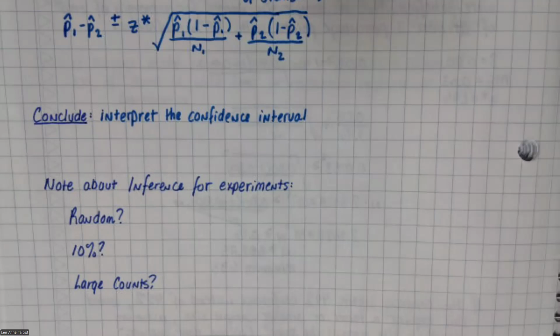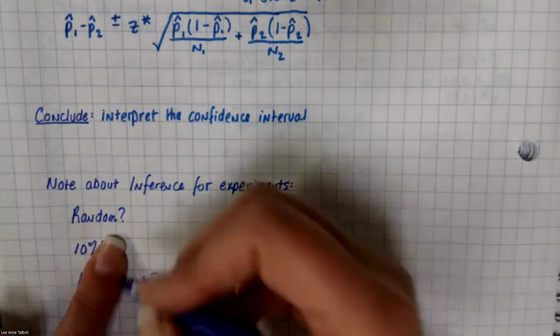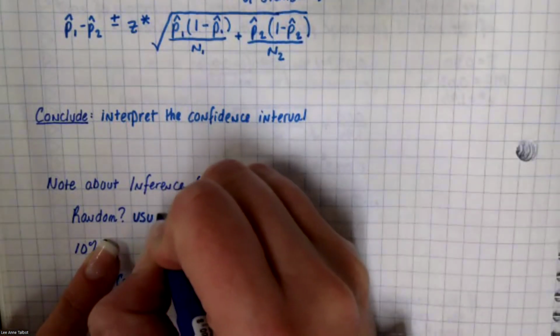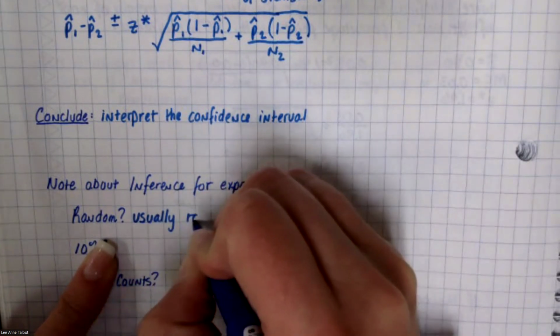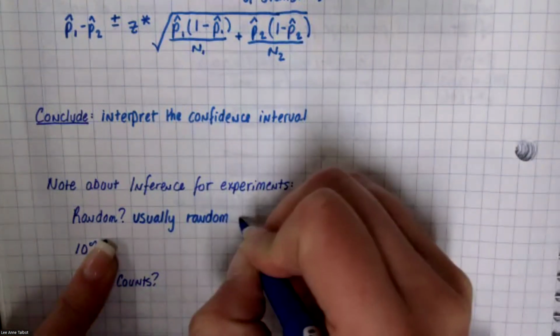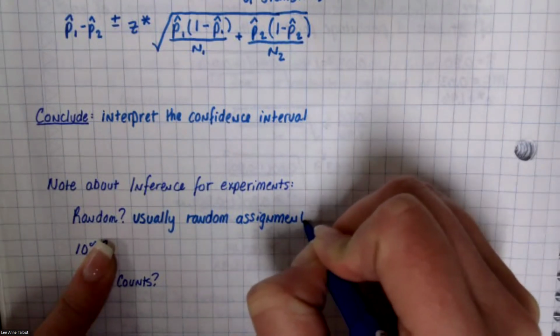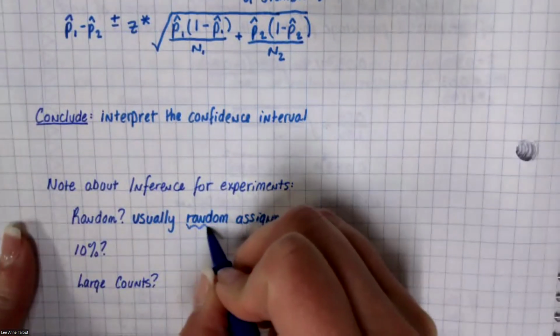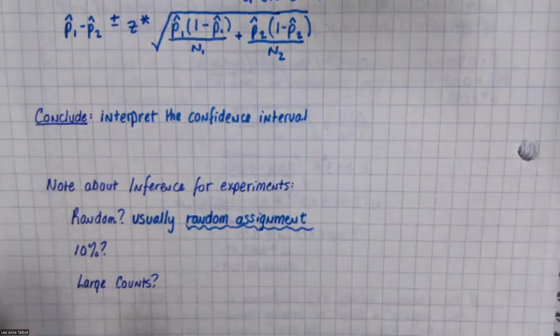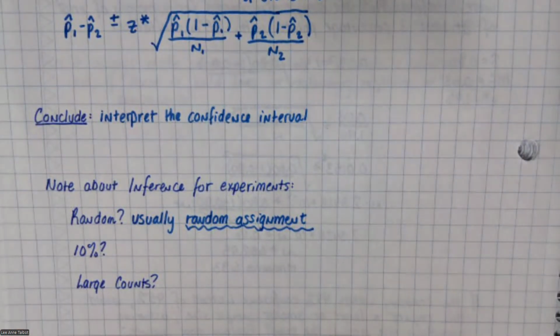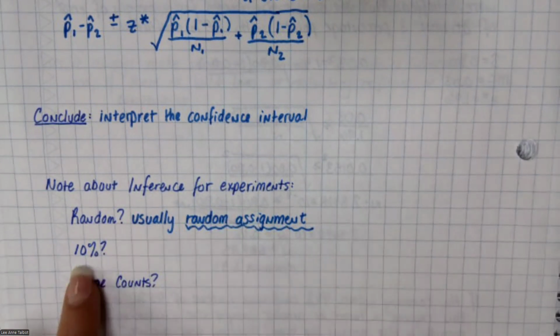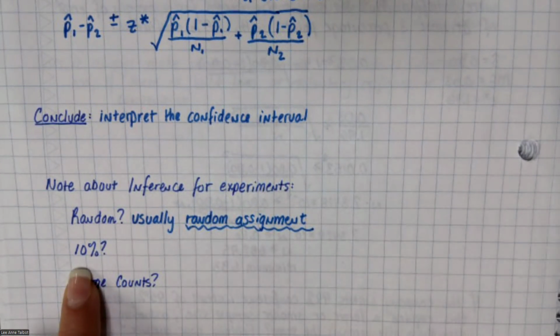So what you're going to do is look for the words random assignment. That'll tell you that you're working with an experiment. If you're working with an experiment, you can skip the 10% condition completely. You don't even have to write it.